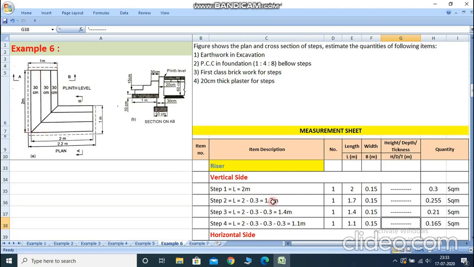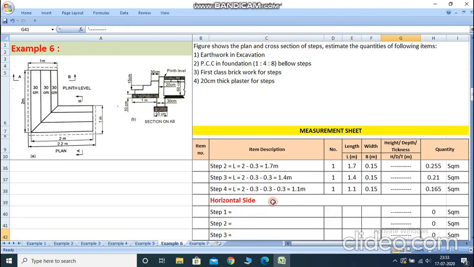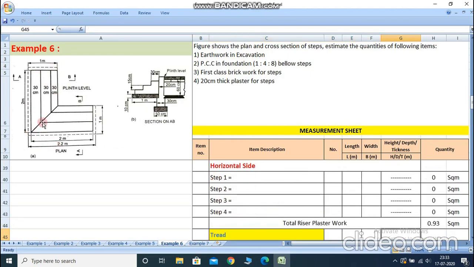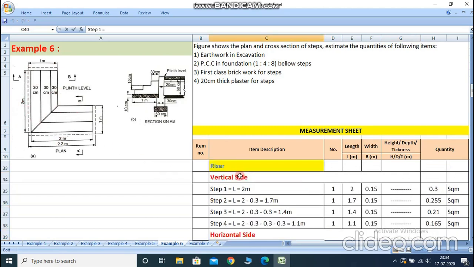And now we calculate for the horizontal side. So for the horizontal side, 1, 2, 3 and 4. These 4 sides have the same lengths as steps 1, 2, 3, 4, because here 2 meter and 2 meter, both these side values are the same. So here we directly calculated the length.